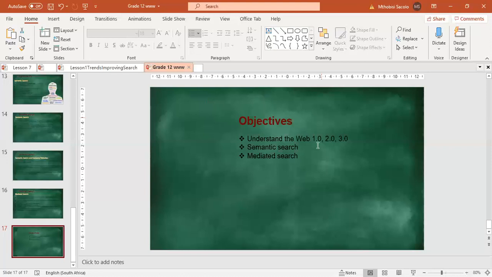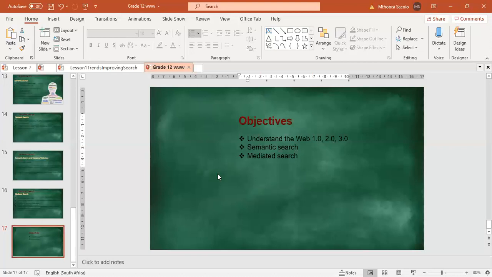You should be able to understand web 1.0, web 2.0, and web 3.0. After that, we are going to be taking it a bit further, because we're going to be looking at semantic searching and mediated searching.